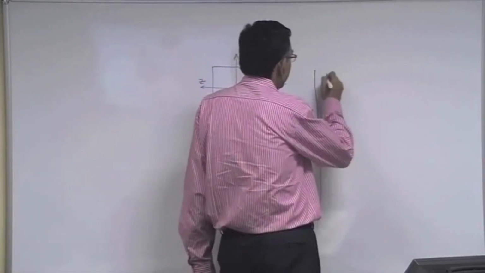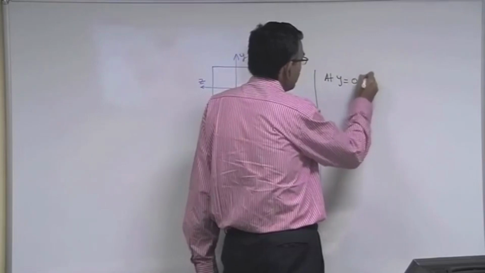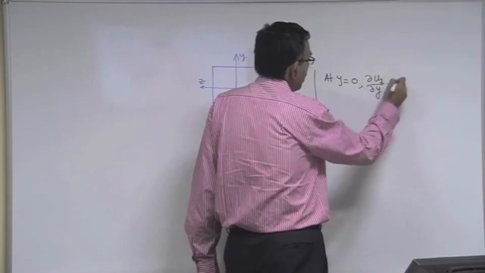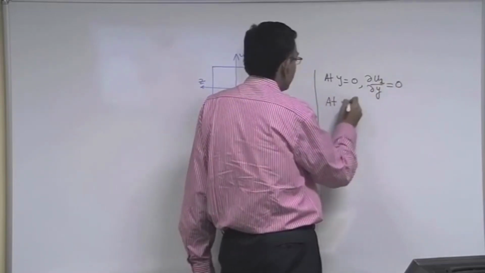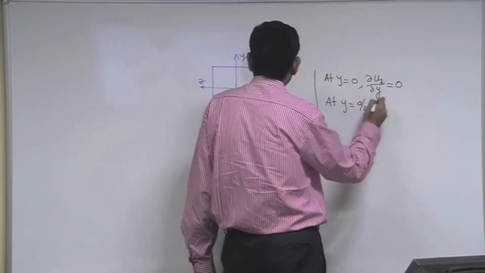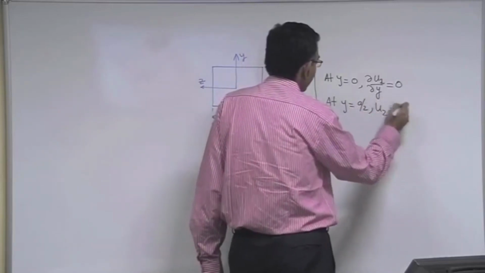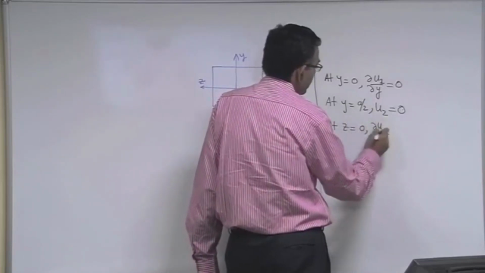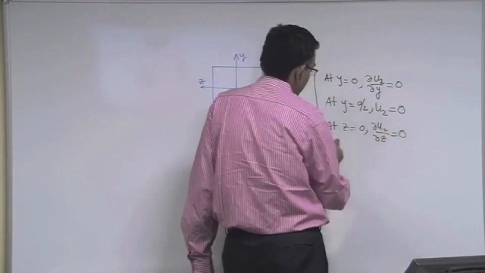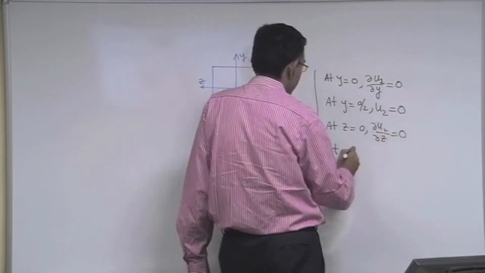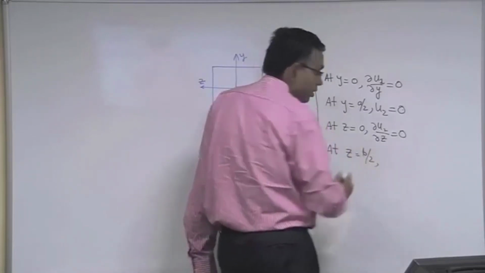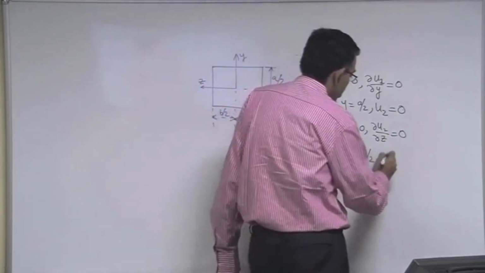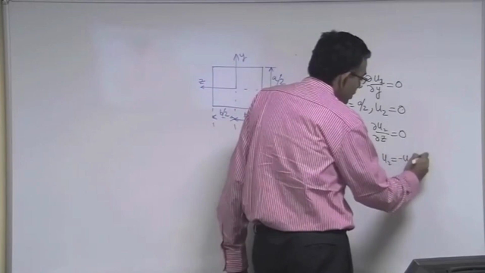So at y is equal to 0, del u2 del y is equal to 0; at y is equal to a by 2, u2 is equal to 0; at z is equal to 0, del u2 del z is equal to 0; at z is equal to b by 2, u2 is equal to minus u1, which is a function of y.